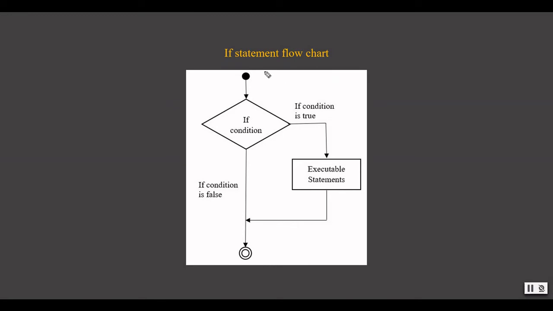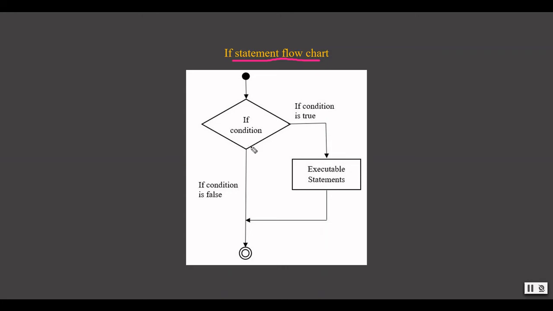This is the flowchart of the simple if statement. A flowchart is a diagrammatic representation of an algorithm. If any problem is given to be solved, then it is good practice to write a pseudocode or a flowchart before writing the program code. This is the diagrammatic representation of how the if structure works.